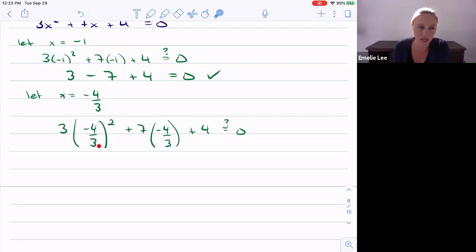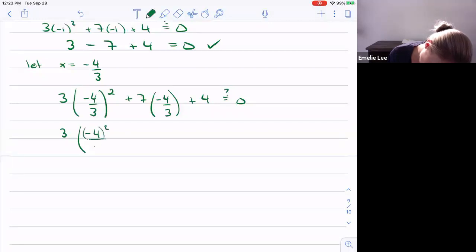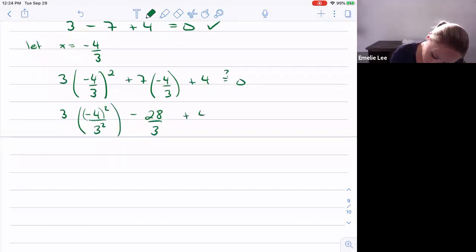Another thing I can do is treat this as a fraction times a fraction times a fraction. So here we go. 3 times -4 squared over 3 squared plus 7 times -4, I'm just going to do this kind of lopsided. 7 times -4 is -28 divided by 3 plus 4.